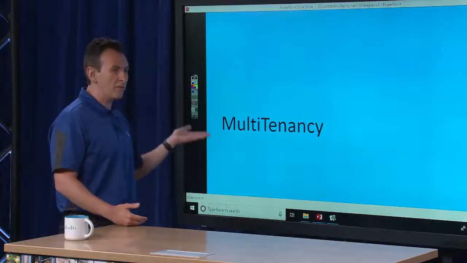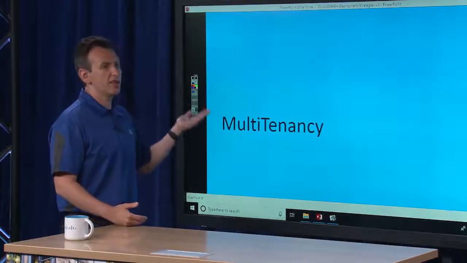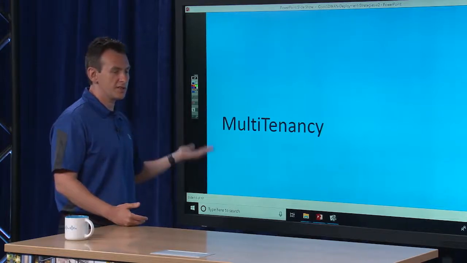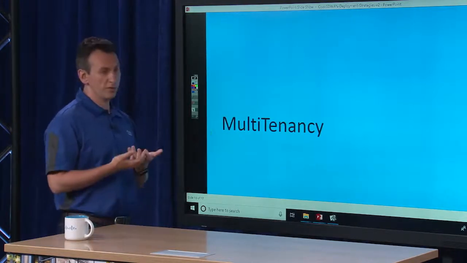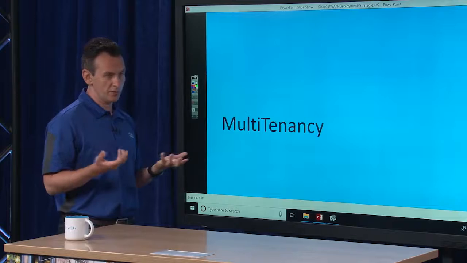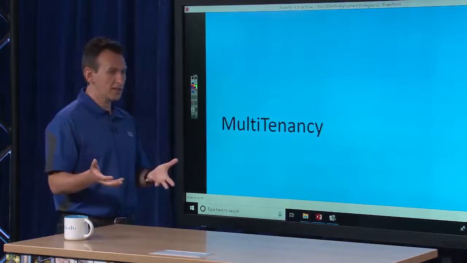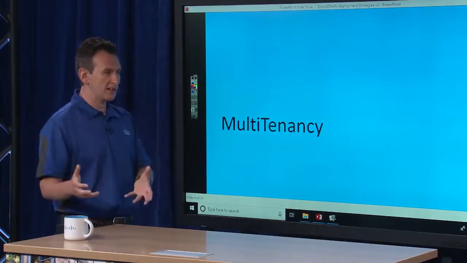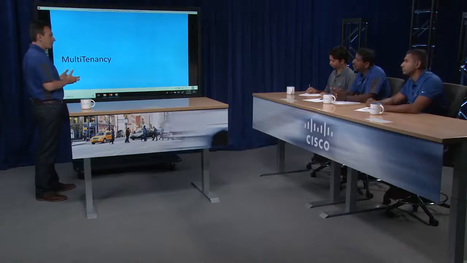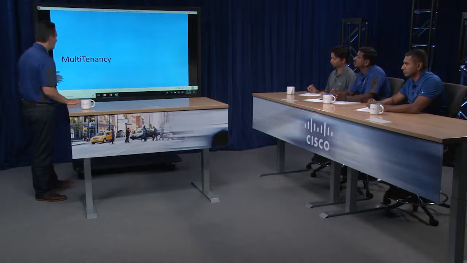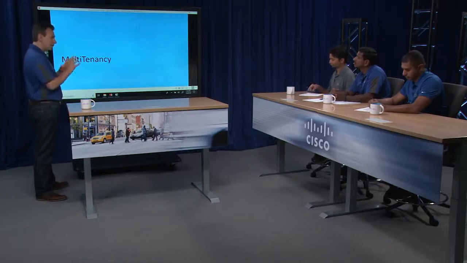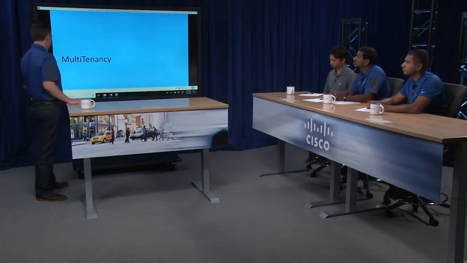Partners launching the service have to make a decision whether they want to do this single tenant, multi-tenant, or a mixture of both. There's really nothing that precludes you from doing both. You can have one set of control infrastructure that is multi-tenant, and another set of control infrastructure which is single tenant for some of your higher end customers. So multi-tenancy plays a very fundamental role when planning the service delivery.